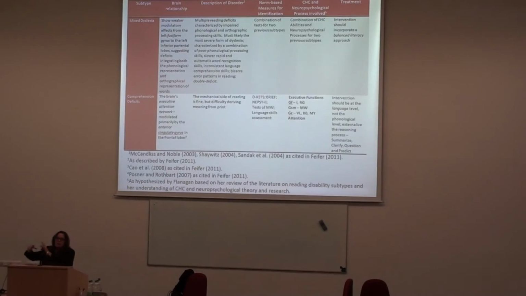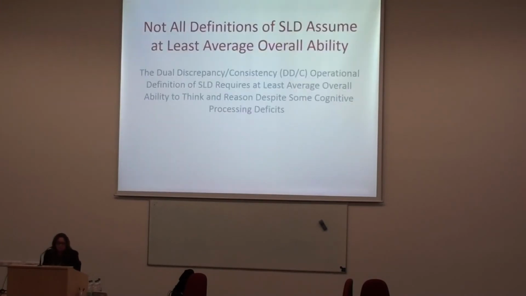So intervention informs, right? So you need to understand what subtype it is. Really drill down. What's the underlying cause of the reading problem? You understand the underlying cause, and that drives what the intervention will be.